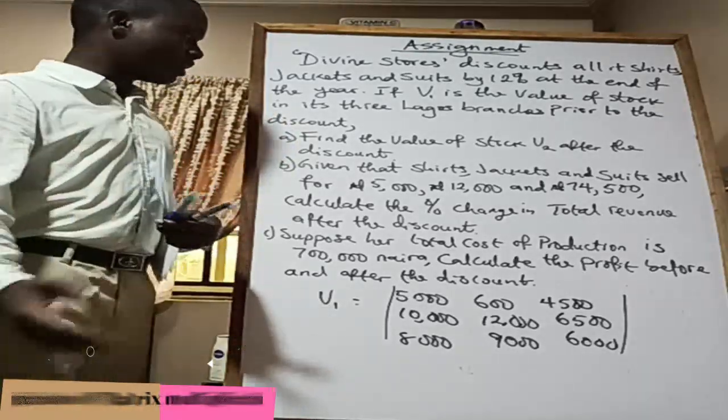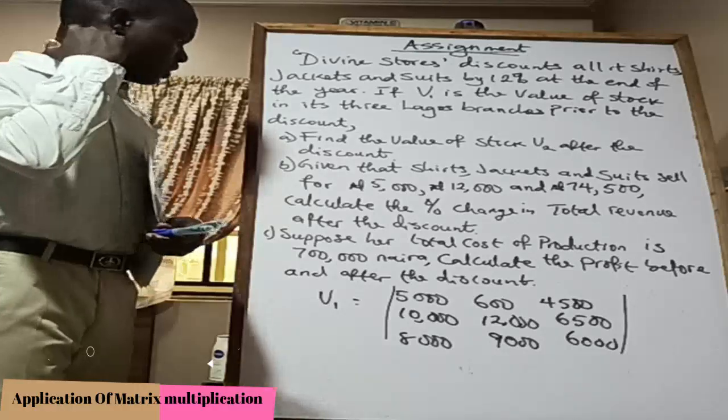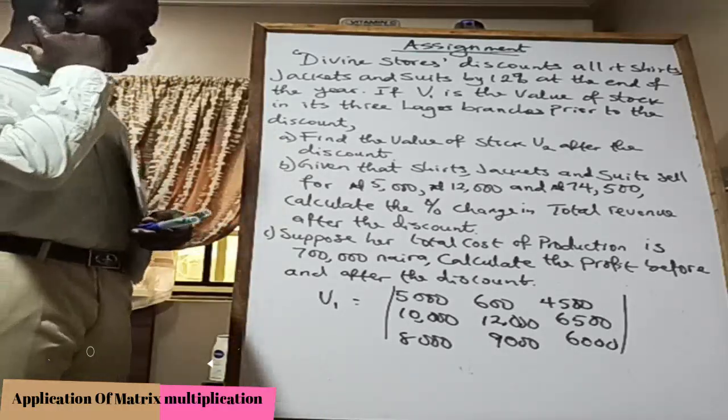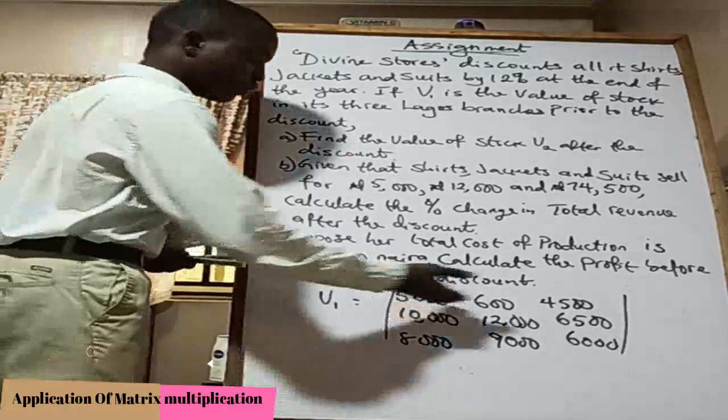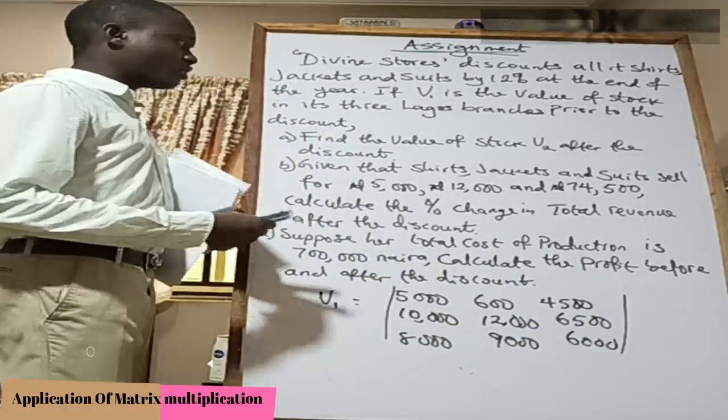So when you're done, then you've been told the respective prices, and you're going to get the total revenue for each store, because this is store one, store two, store three. So of course, you know how to do that now.